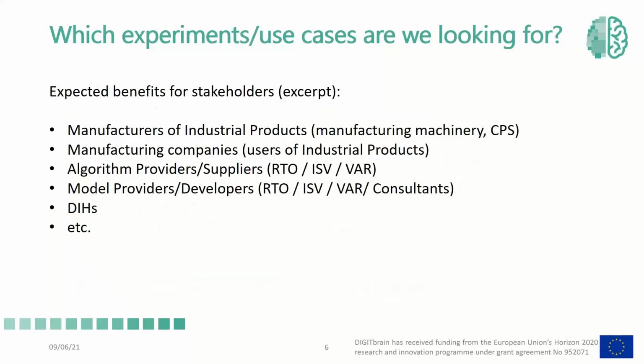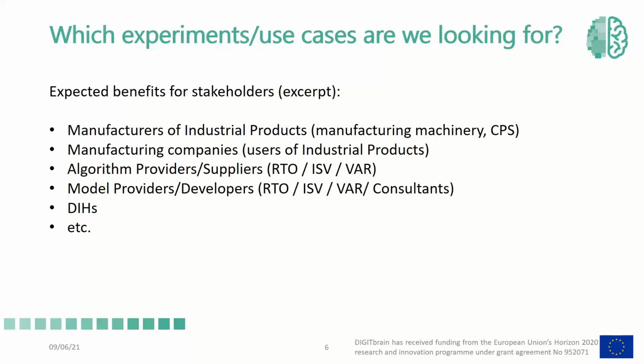So those are all fields where we are looking for experiments to at least cover one of those fields. So the stakeholders that can benefit from, or that can be involved in an experiment and potentially create benefits from that, are listed here. This is somehow a repetition of what you have already seen, partially. So we have manufacturers of IPs. We have manufacturing companies, so the users that are using these manufacturing machines to actually produce goods.